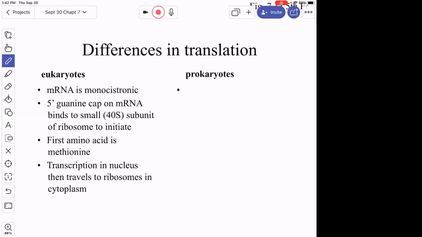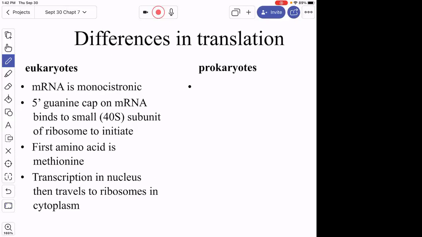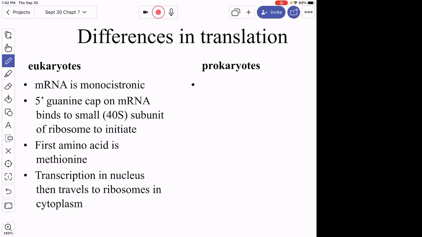Okay, so just to sum up, I think I probably mentioned all these things already. Really it's better here to say bacteria, because that's not necessarily true for some archaea. But we know that in eukaryotes, there's always going to be one protein come from one gene, where bacteria, like I just mentioned, can be polycistronic.